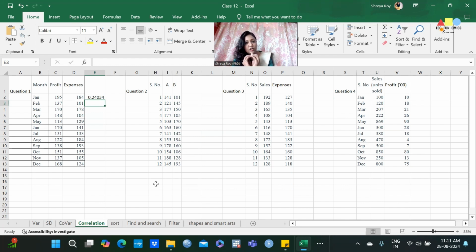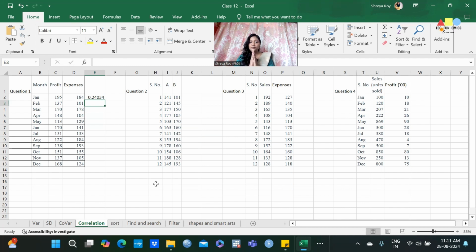If it is 0, no relation. Almost 0 to positive 0.5, weakly positively related. Positive 0.5 to positive 1, strongly positively related.